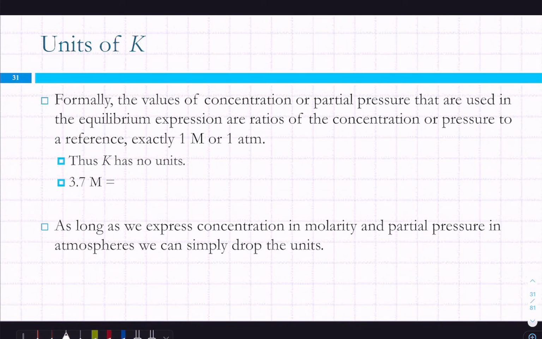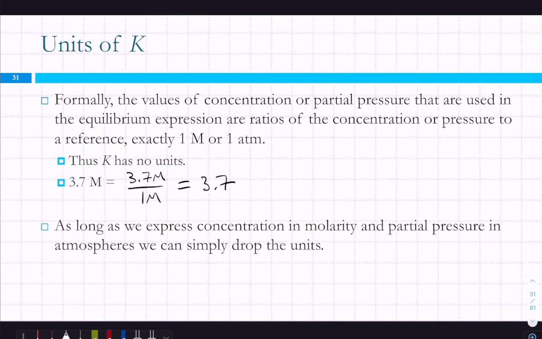So if this is 3.7 molar, we would really be doing it relative to a 1 molar solution. You divide each of the concentrations by 1 molar, or the partial pressures by 1 atmosphere, and they become unitless. And so it's just 3.7. That's why, even though we've got varying coefficients for these concentrations or partial pressures, it has no effect on the units of K, because there are none.